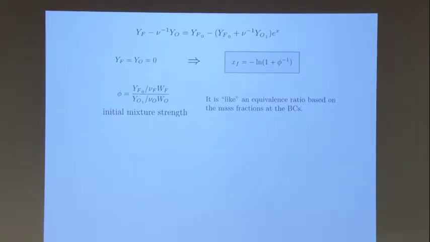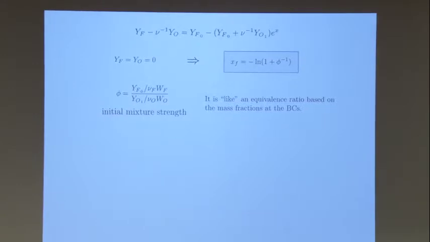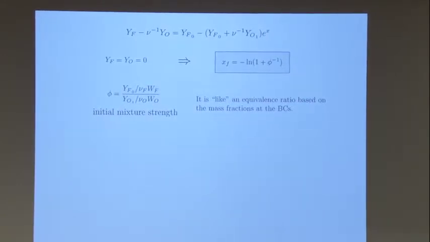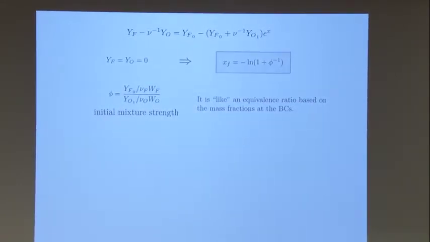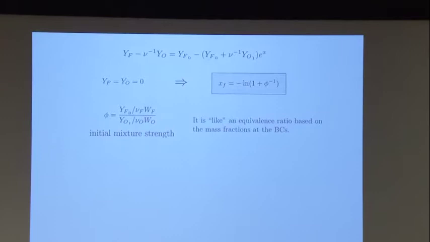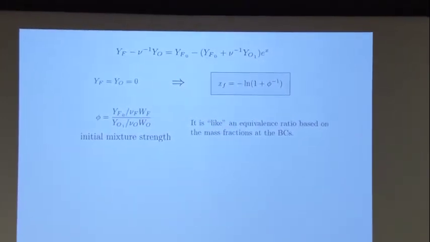Note that the location depends on this parameter phi, which is the ratio of the fuel supplied on one side to the oxidizer supplied on the other, divided by the stoichiometric ratio. I don't like to call that equivalence ratio, because frankly there is no such thing as equivalence ratio in a diffusion flame. The equivalence ratio changes constantly.